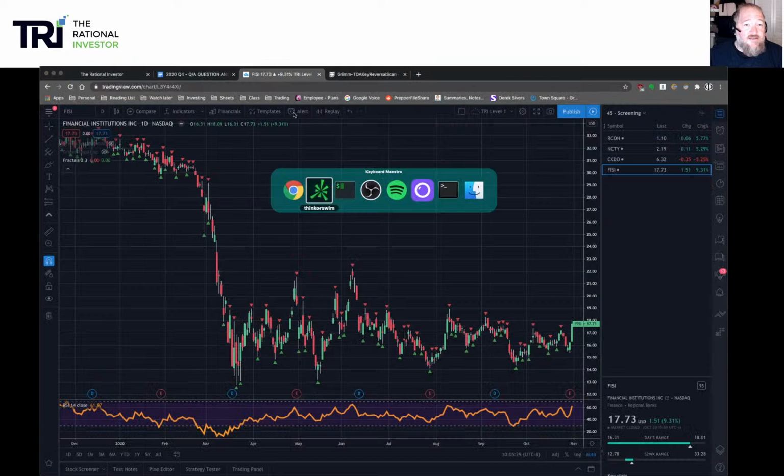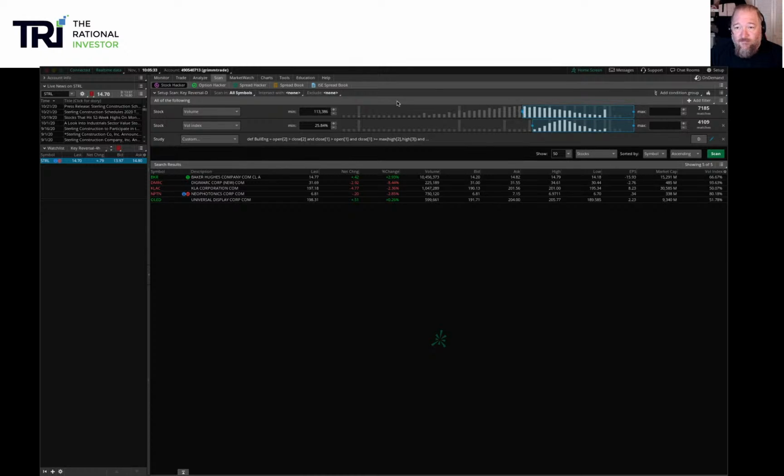And what this does is it looks through the world of stocks. In this case, it is just looking at all symbols, and it looks for stocks where we have key reversals. And this is looking on the daily, right? You can see there's only a handful of these.